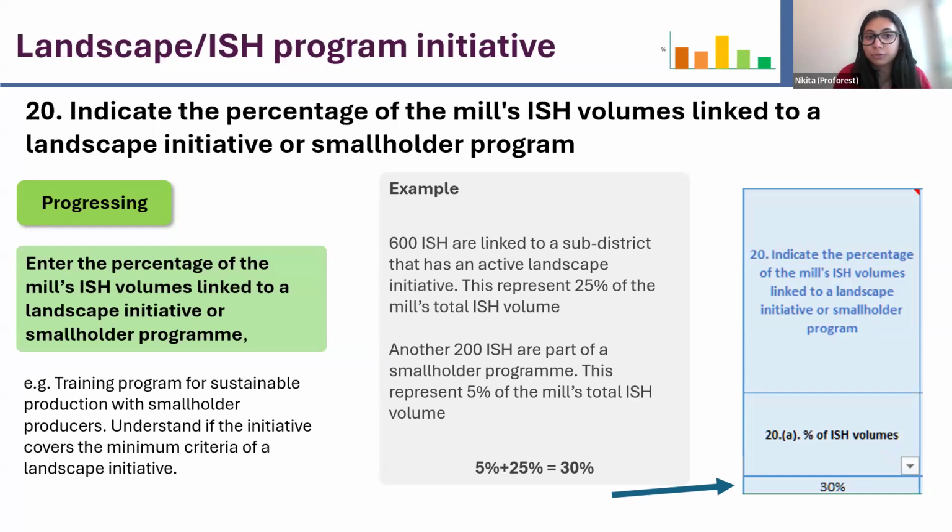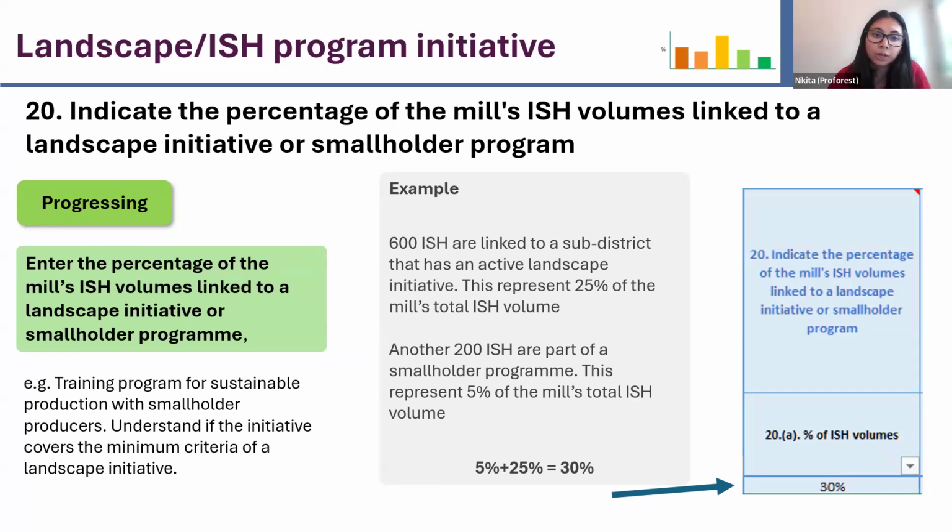An example calculation for this would be if, for example, 600 independent smallholders are linked to a sub-district where there is an active landscape initiative, which represents 25% of the mill's total independent smallholder volume.